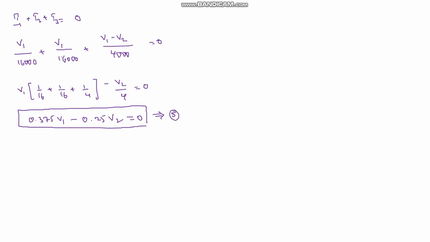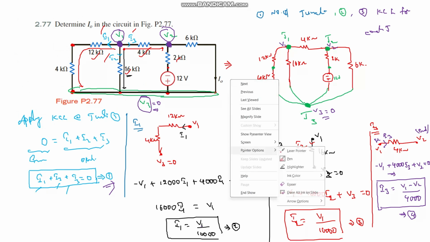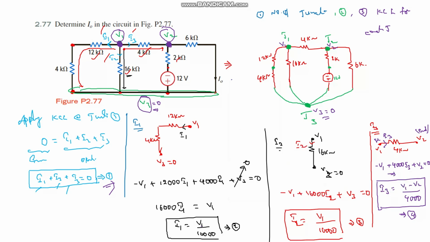Here we applied KCL at junction 1 only. According to the 4 steps, we have to apply KCL at each junction except the reference voltage. Now we have to apply KCL at junction 2 also. At junction 2, I am assuming current directions like this. Again, all are outgoing currents.